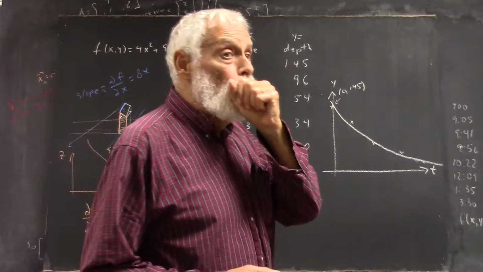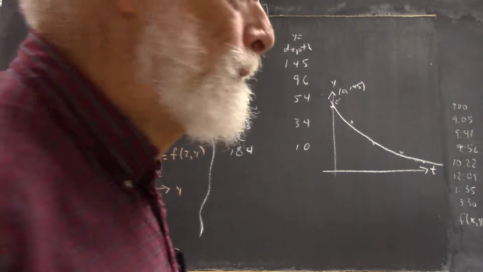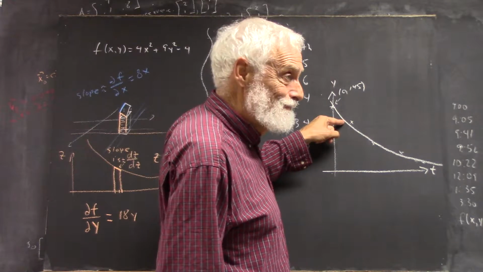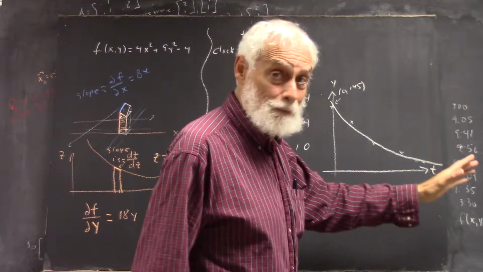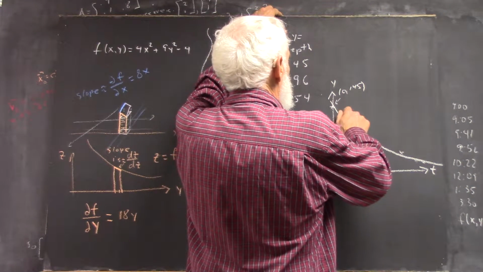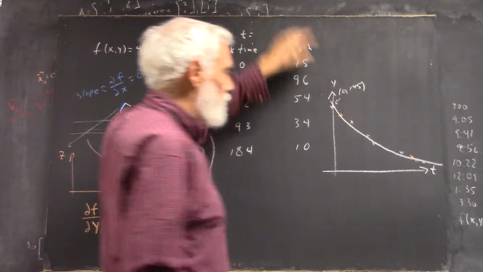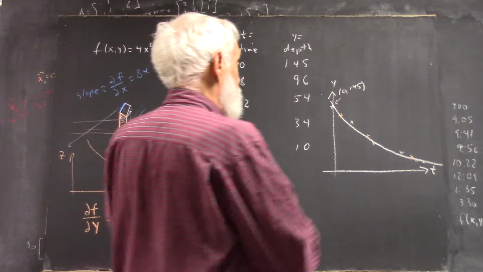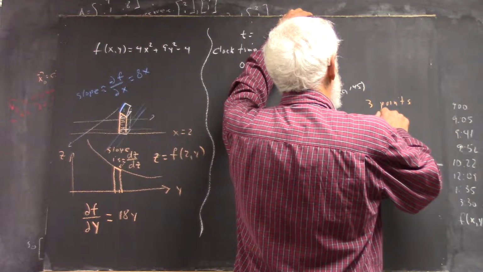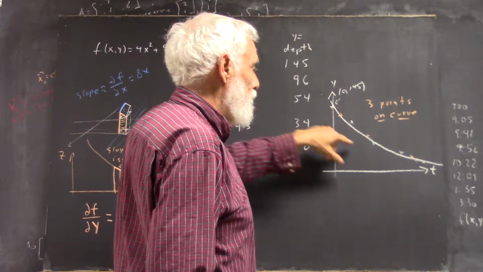Then you're going to select 3 points on the curve. Don't select 3 points right next to each other. Spread them out in a way that you think is appropriate. Choose a point maybe here, somewhere in the middle, and maybe down toward the end. So we get 3 points on the curve, not data points.